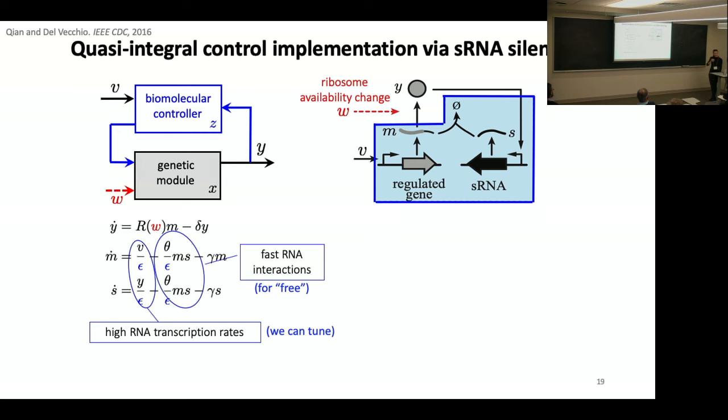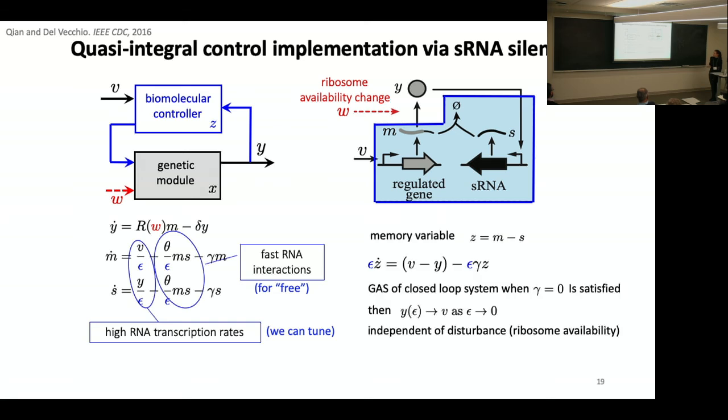These mRNA-sRNA interactions have been modeled really well before by others. And it turns out that you can demonstrate that there is a hidden variable in the system that is an integrator, and the conditions required for tracking are satisfied. The key thing is that all the controller reactions of mRNA and sRNA must be much faster than dilution.